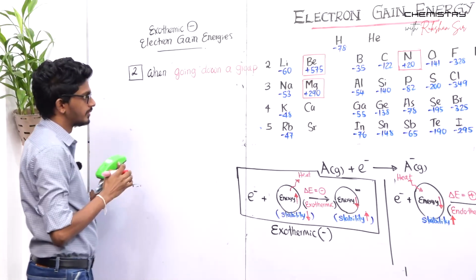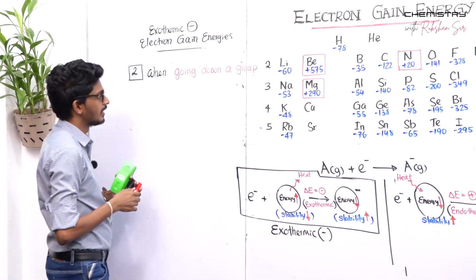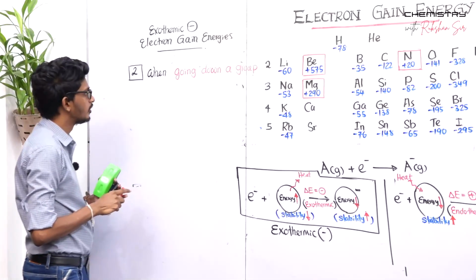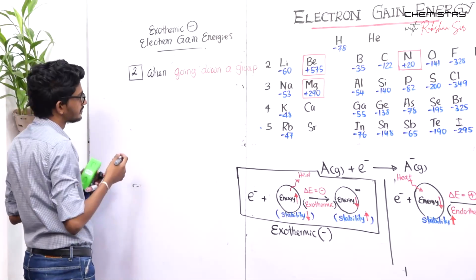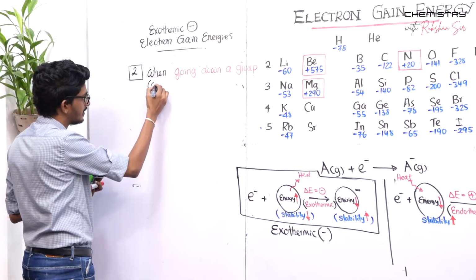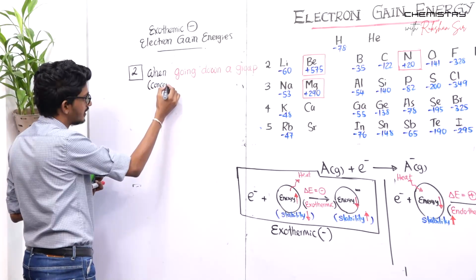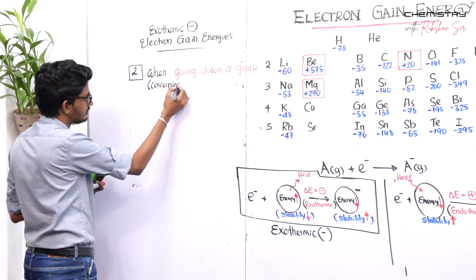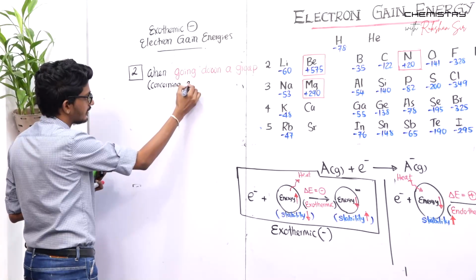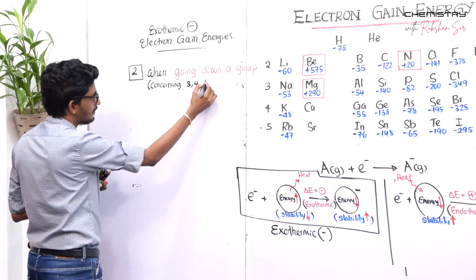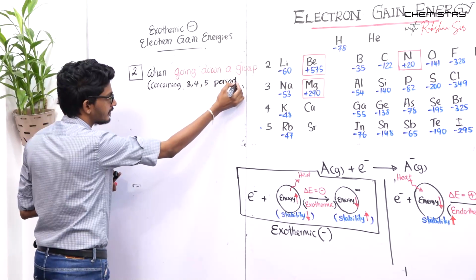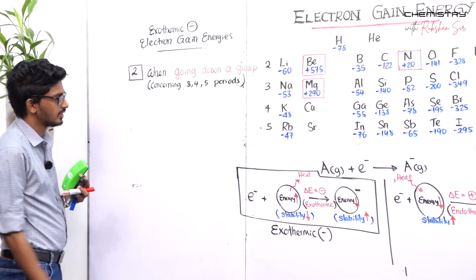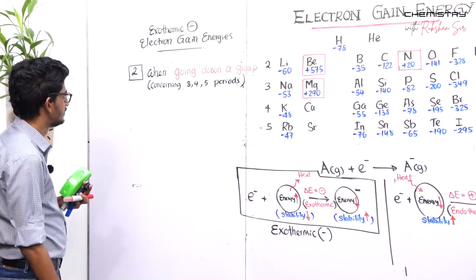When going down a group, let's say, considering the third, fourth, and fifth periods, what will happen?